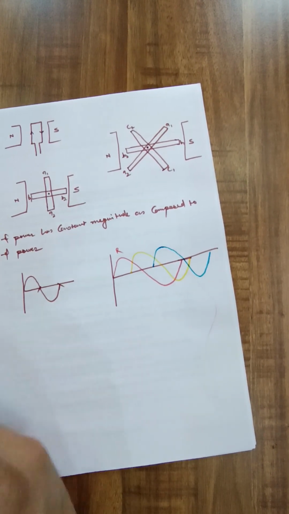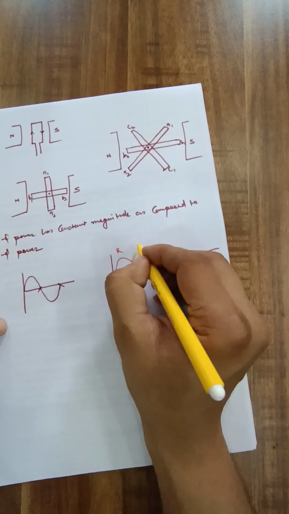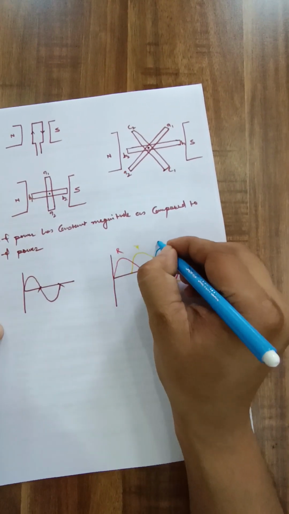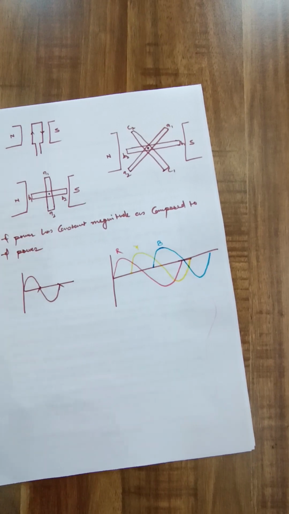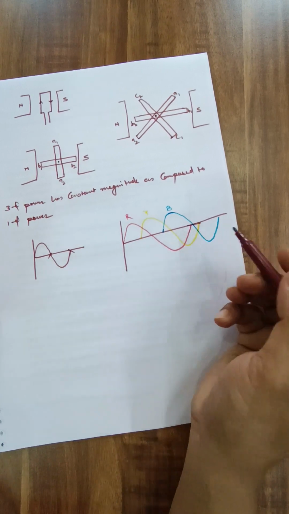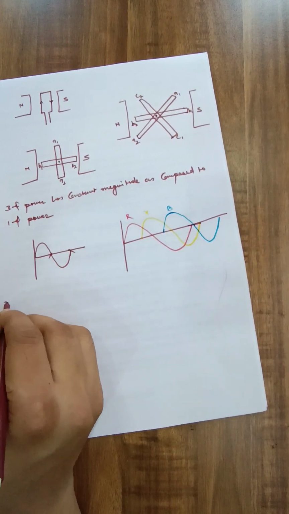This is your R, Y and B three phase system. Here, in three phase system we can get constant magnitude of power.